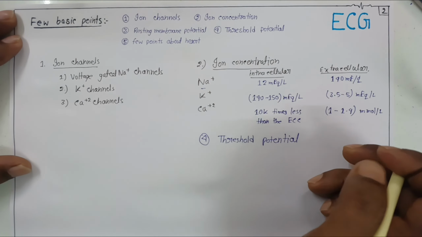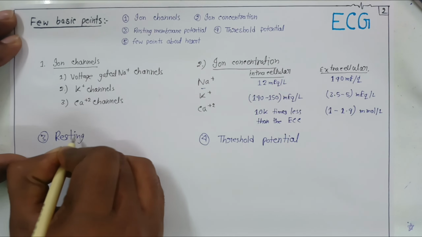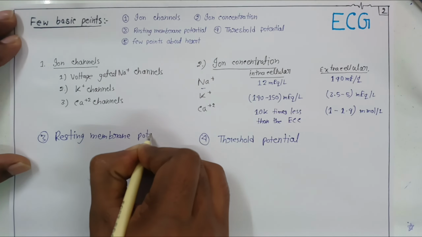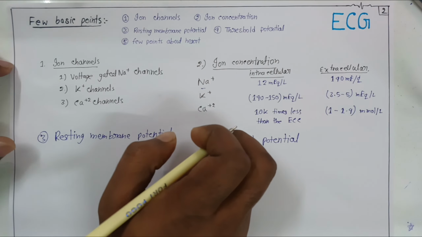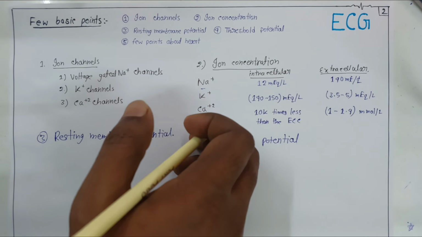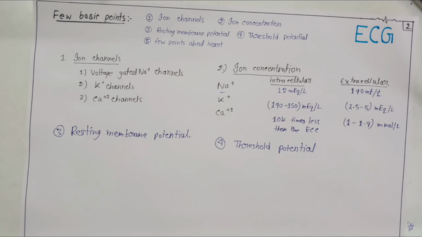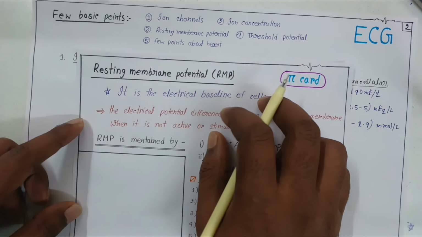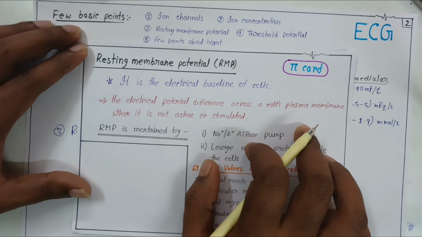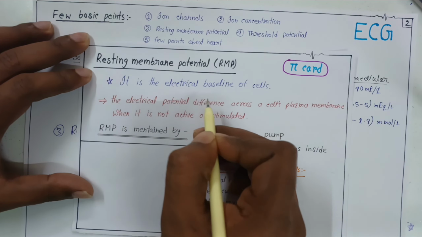Now let's discuss the resting membrane potential. So let's take another pie chart to understand resting membrane potential. It is the electrical baseline of cells.